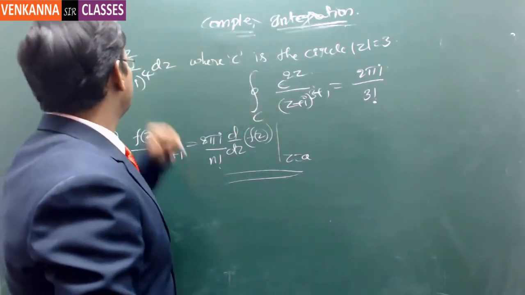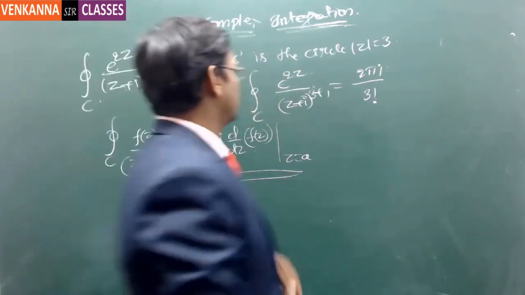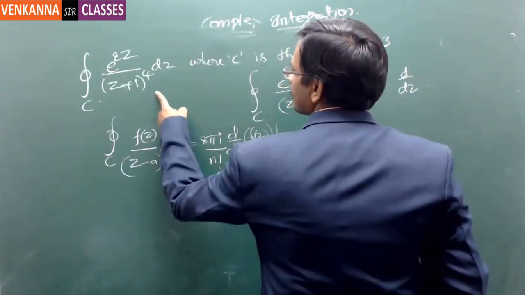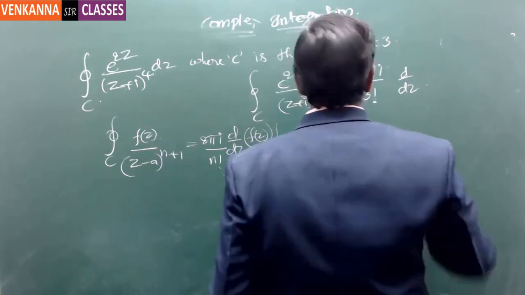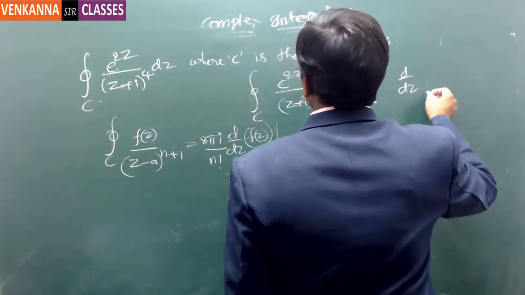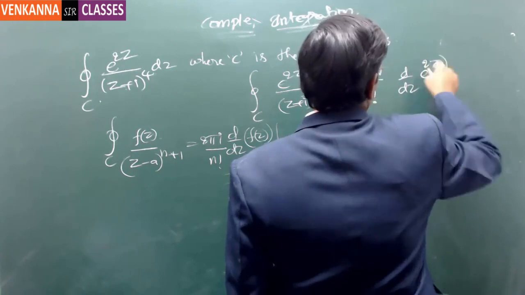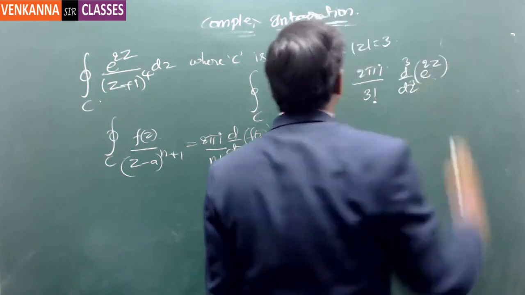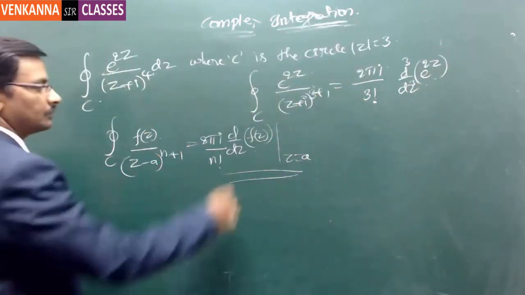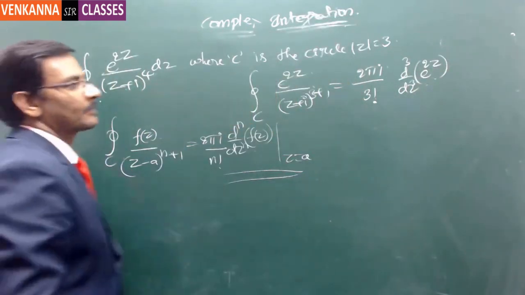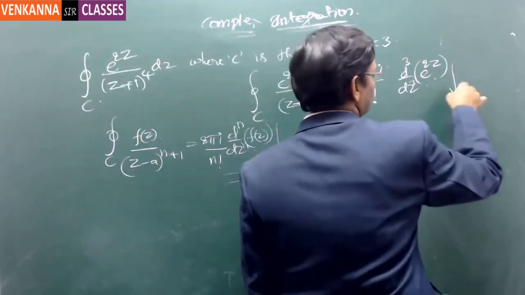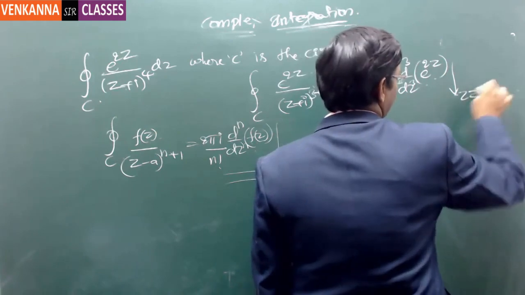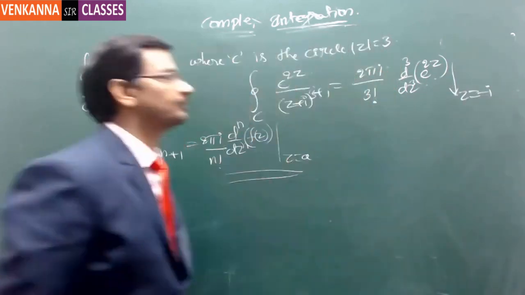And then this is d by dz of e power 2z. So this is 3, right? So 3 times, actually we need to take the derivative, and then substitute z is equal to minus i. This is how you have to do it.